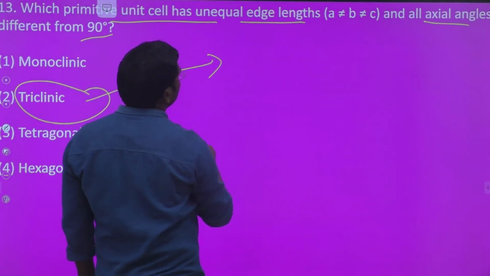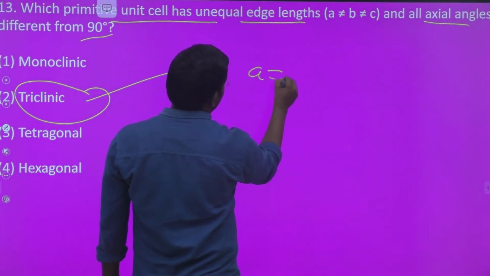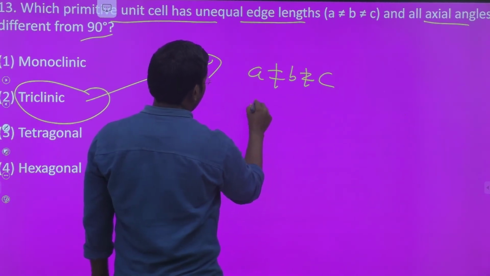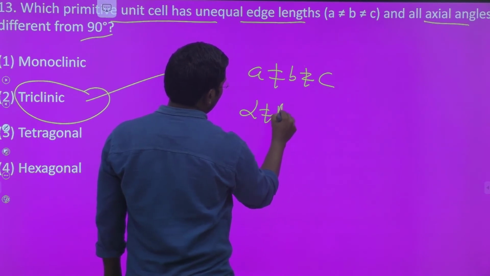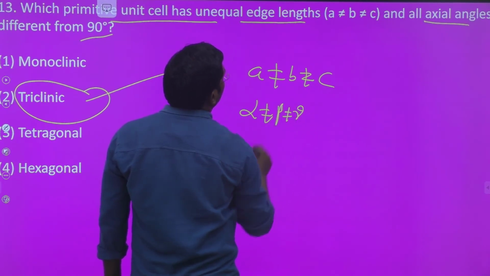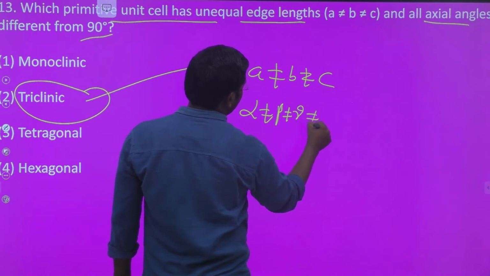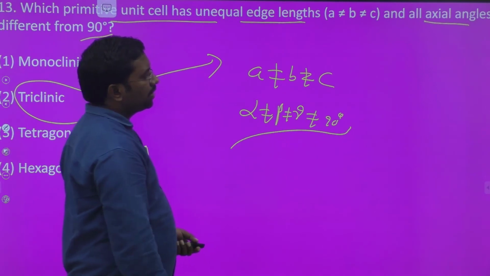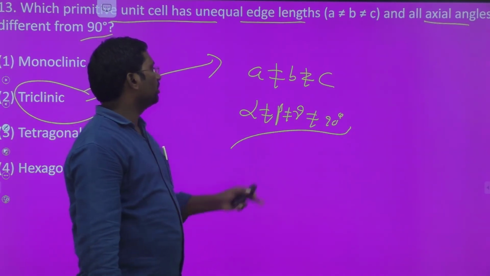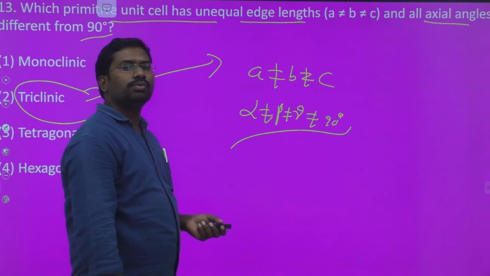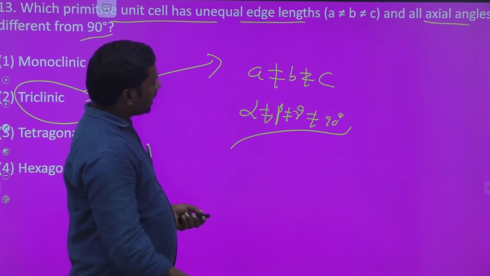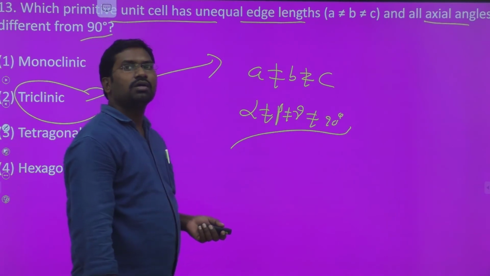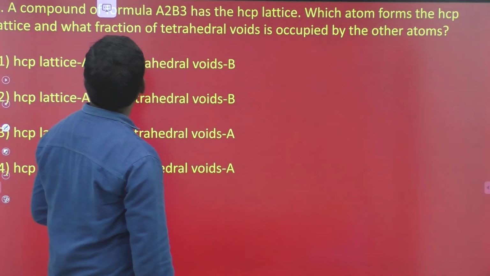In the triclinic structure, a not equal to b not equal to c, and alpha not equal to beta not equal to gamma not equal to 90 degrees.